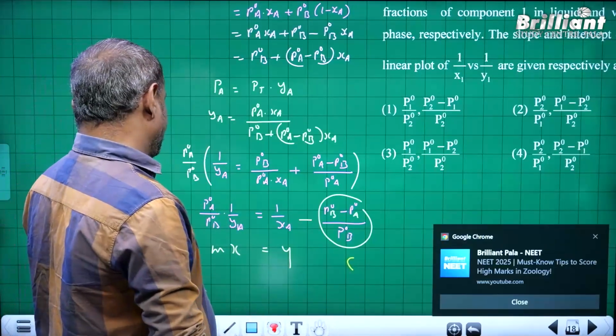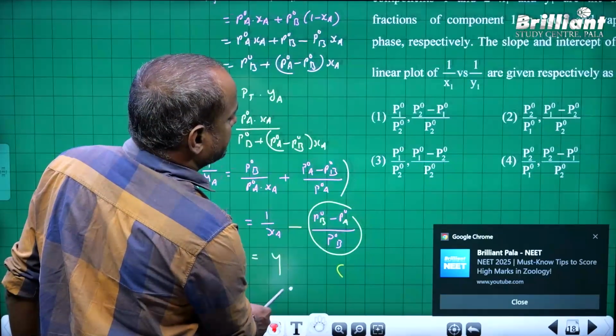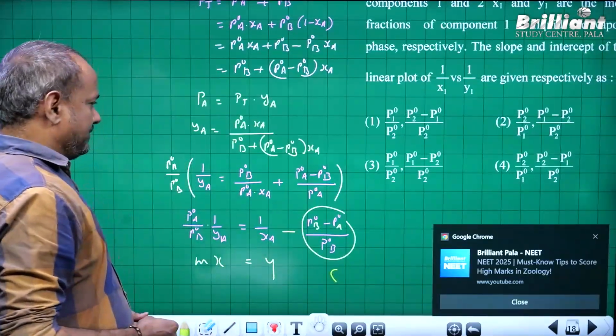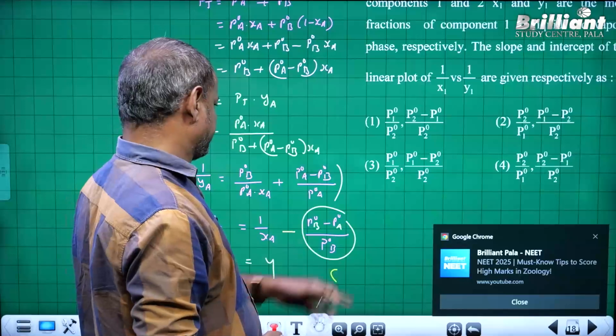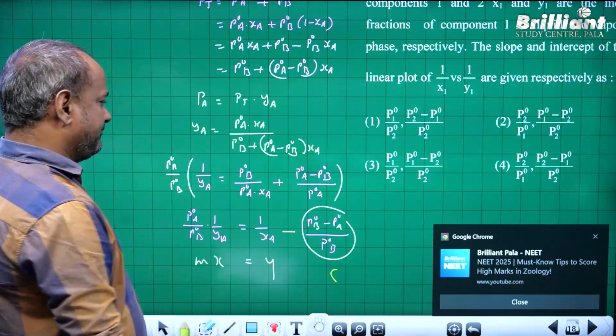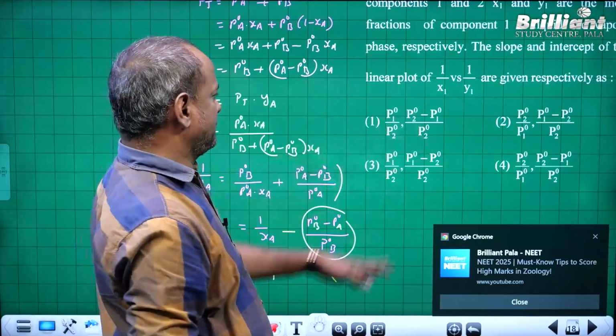A is 1 and B is 2. So we want the slope first. Slope is A by B, that is 1 by 2. And the intercept value is 2 minus 1 by 2.